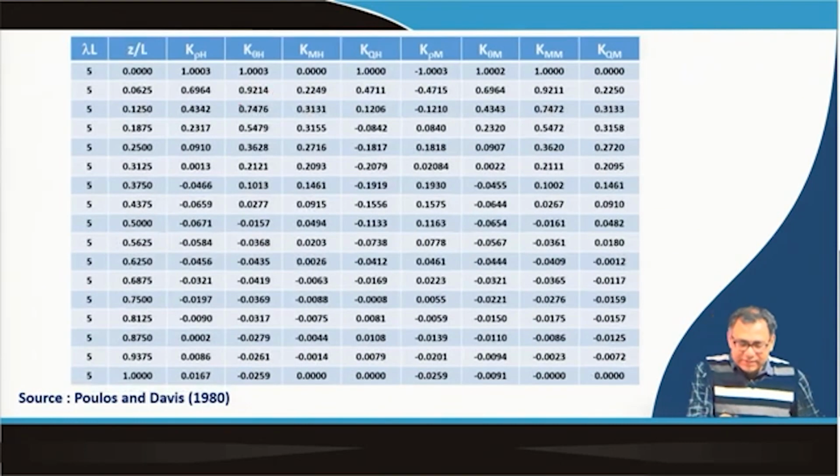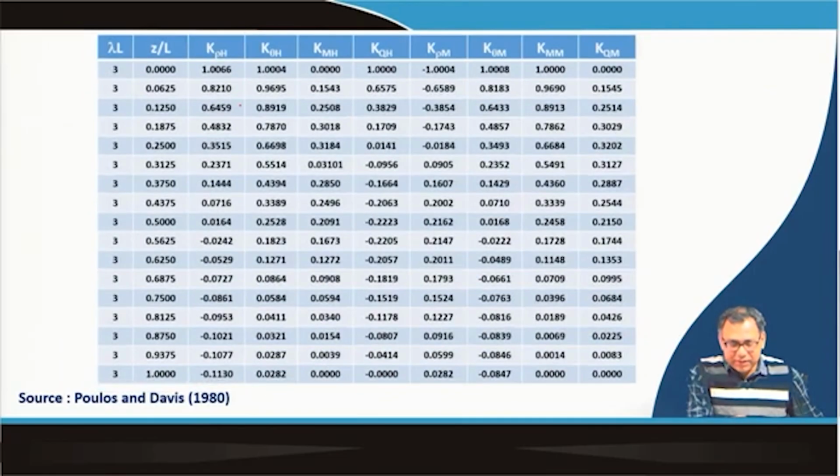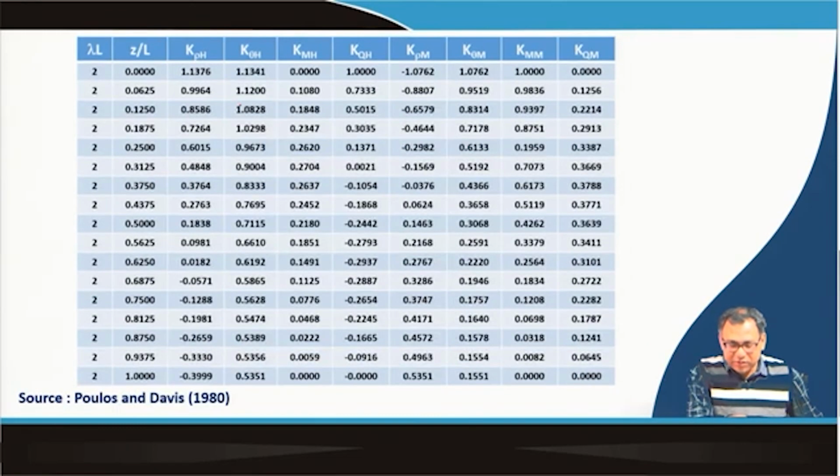Okay. So, you can see as lambda L value increases, this theta H value is close to 0. So, this is 1.0003 for 4, 0015, then 3004, then this is 1.13 for the 2.